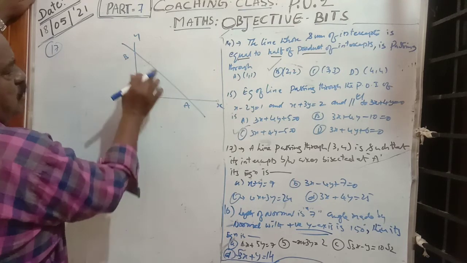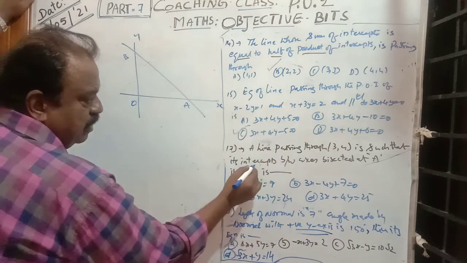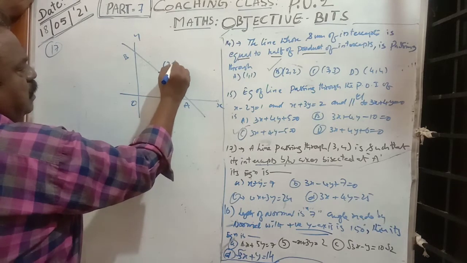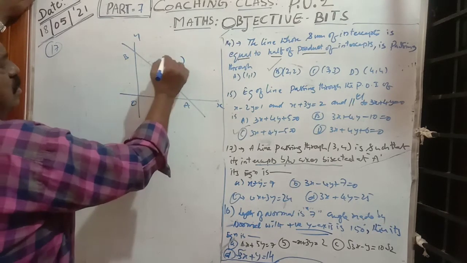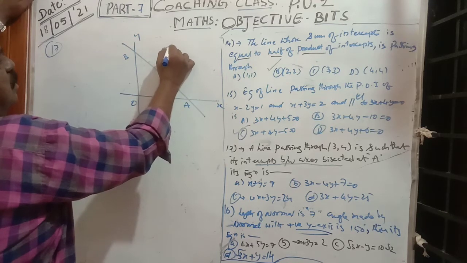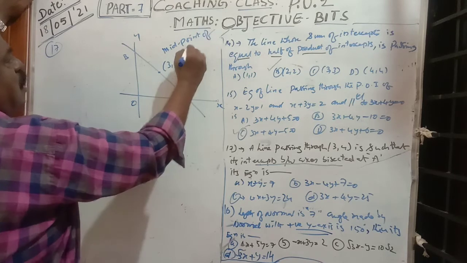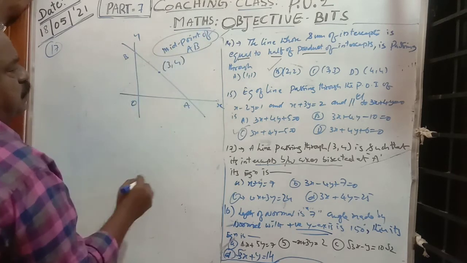But this portion AB is intercepted by the axes. This is important: it is bisected by 3, 4. This is the midpoint of AB.